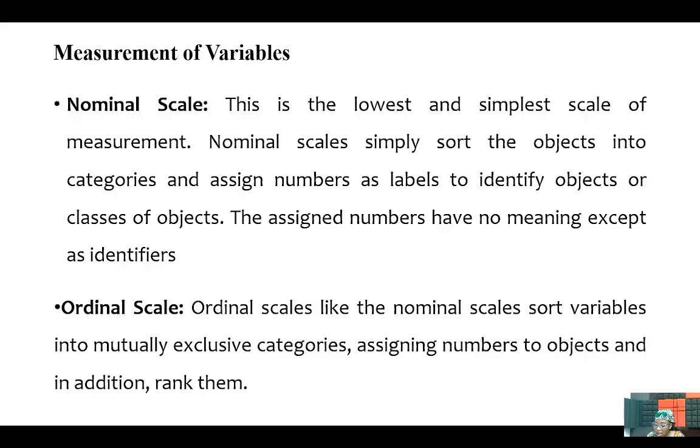So it means either of the colors could take either of the arbitrary numbers, and those numbers cannot be used for statistical analysis because they are just serving as labels, not as values.